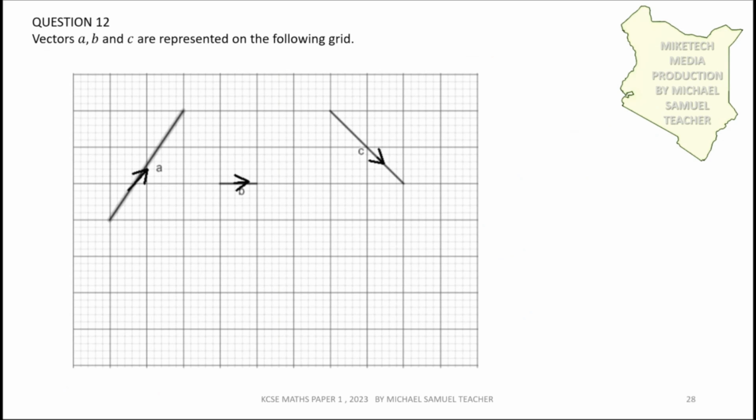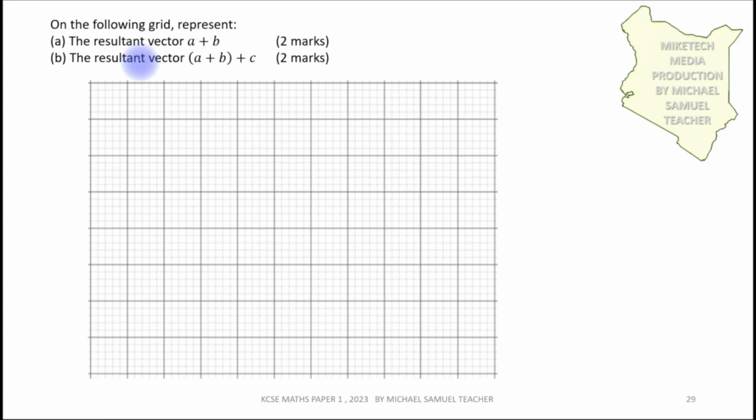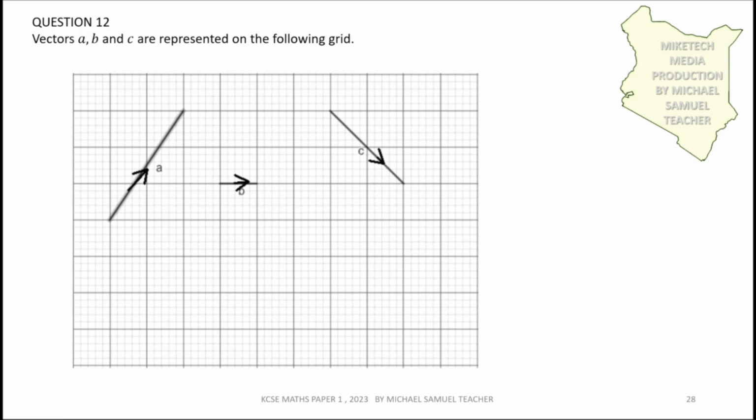So the next question, 12: vectors A, B, and C are represented on the following grid. The question is, on the following grid, represent the resultant vector A plus B. So for A plus B, how do we get A plus B?